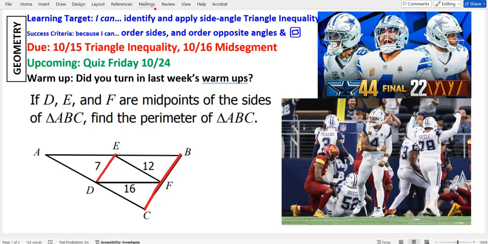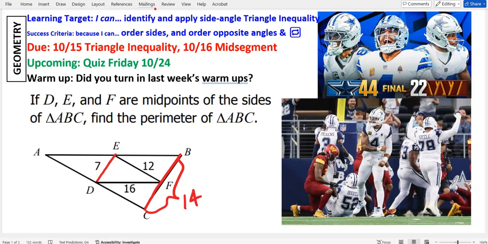Any ideas? Yeah, so DE is that fraction. We've been saying half of the parallel side. So if DE is half, then you have to double it, or times 2, to get BC. 7 plus 7, or 7 times 2, gives you 14. So if you know the midsegment, times 2 is the parallel outside side.